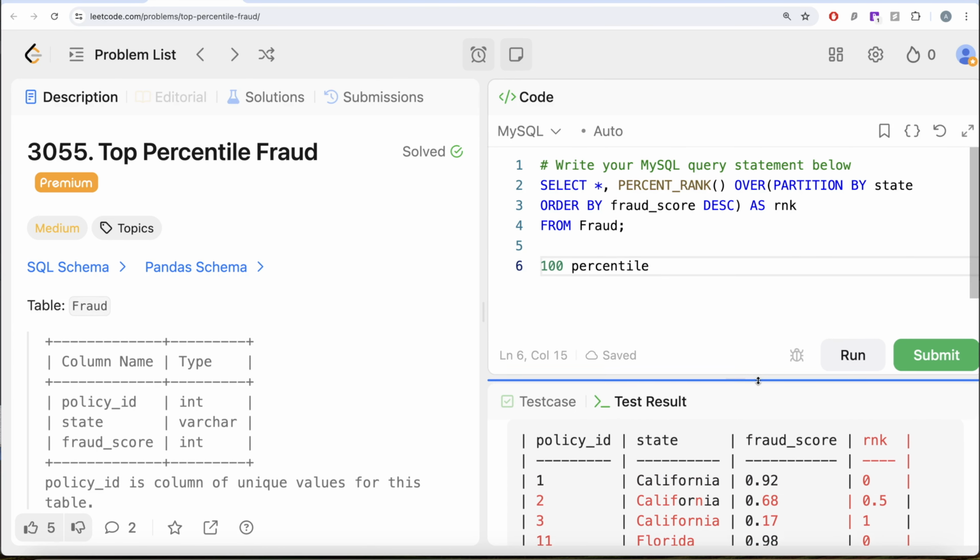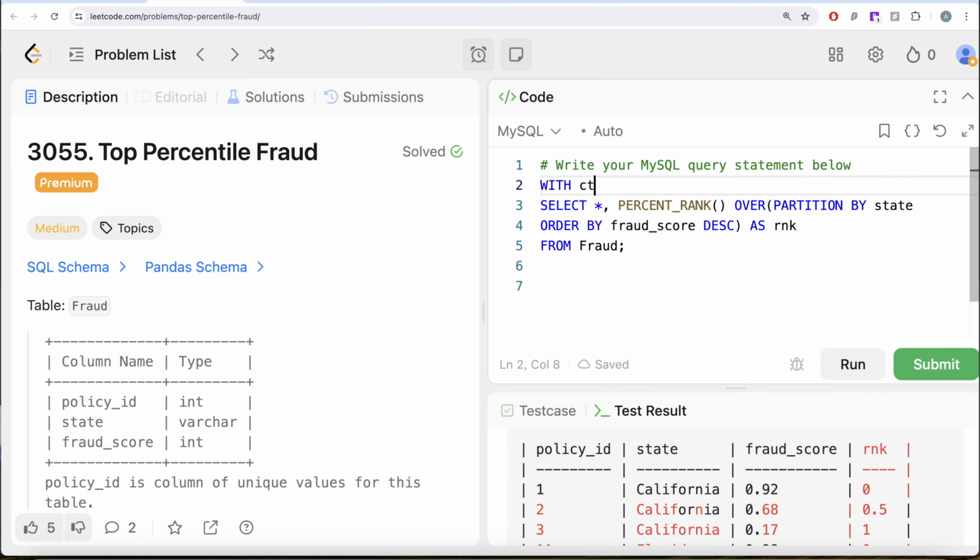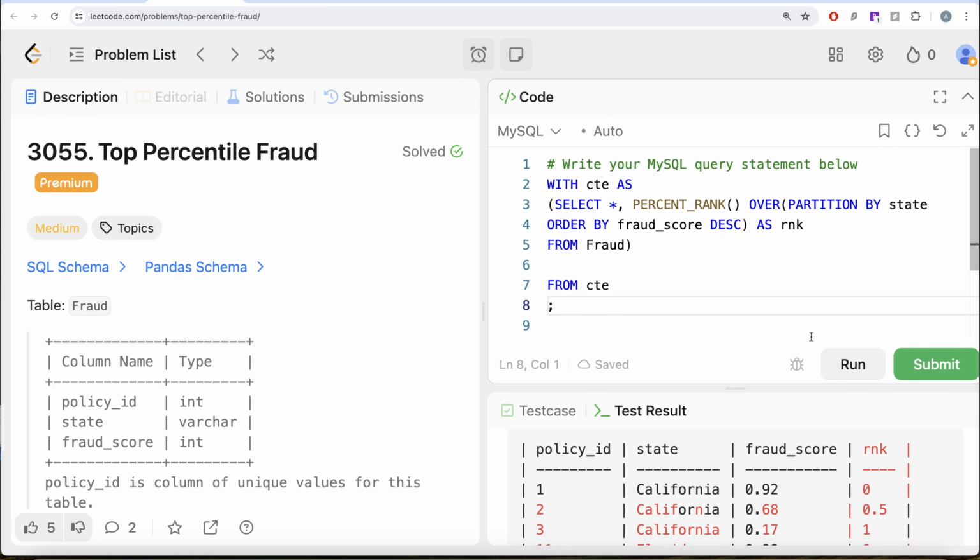Now, let's save this entire thing in a common table expression. So WITH CTE AS, this entire thing goes into parentheses, and from this common table expression we need only the top 5 percentile. Rank 0 means 100th percentile, so keep only those rows where rank is less than or equal to 0.05.